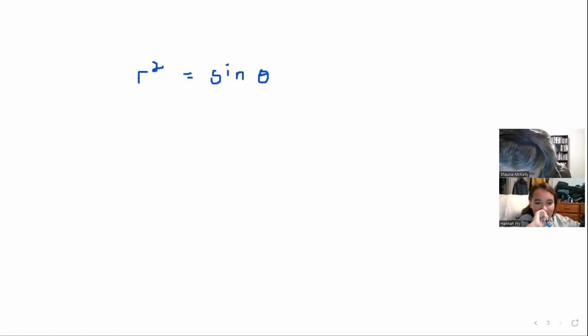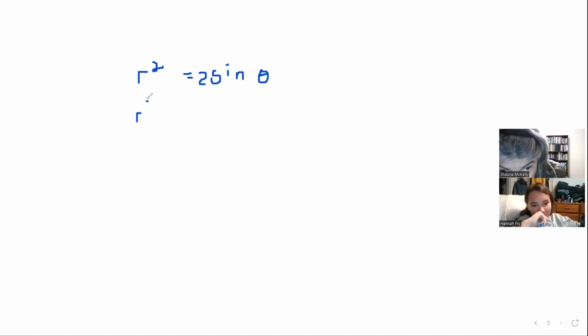Yeah, I think so. It was r squared equals 2 sine theta. And I didn't know what to do with it. Well, I would probably have made it r cubed, as you said.